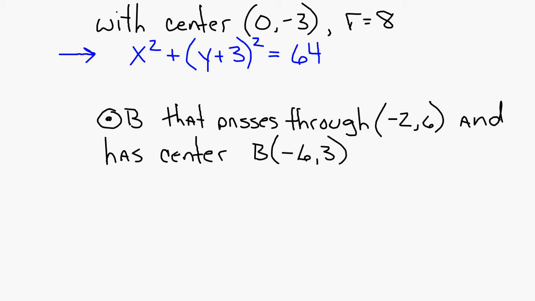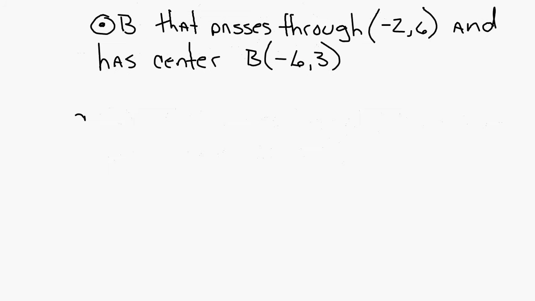So you can use the distance formula, or you can use the Pythagorean theorem. How many of you are familiar with the distance formula? All right. Distance formula is, let me give it to you in case you want to use it.